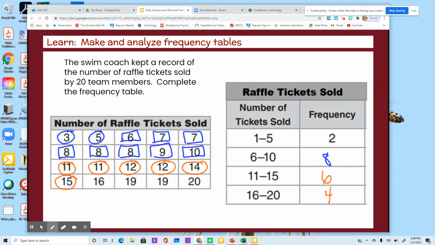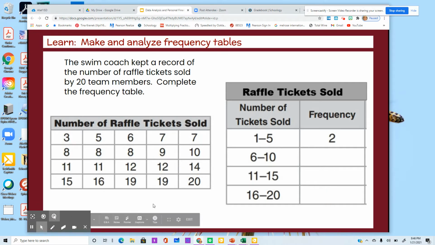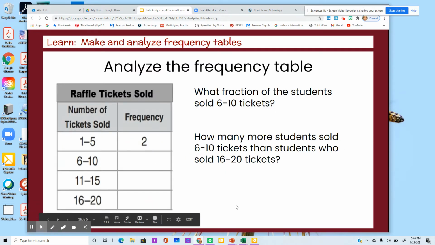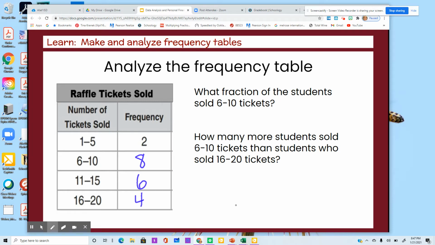Okay, so there's our frequency information based on raffle tickets sold by 20 different team members. So looking at the frequency table, we had 2, this was 8, this was 6, and this was 4.